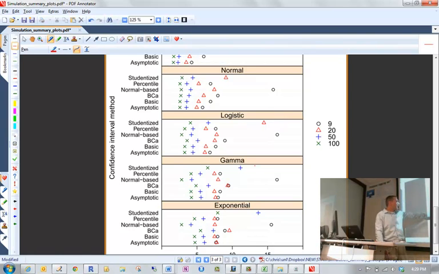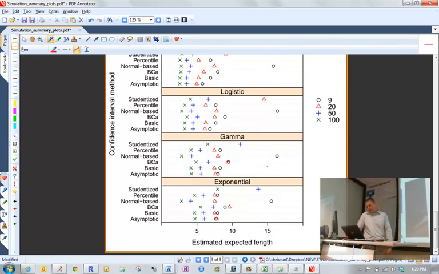You notice, for example, here the BCA is wider. BCA is wider there. BCA is wider there. But then again, if you're comparing to basic, we know BCA is better than basic. We saw that with respect to true confidence levels. The code to do these plots is in my program as well.